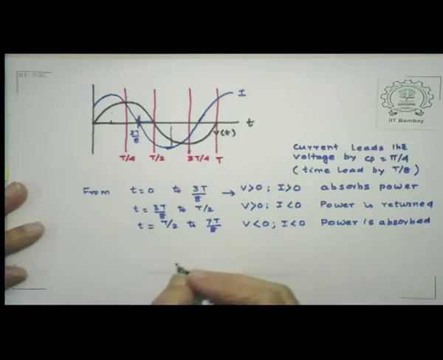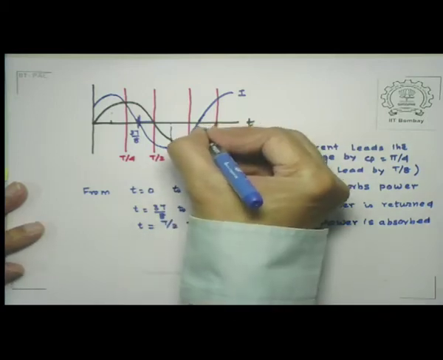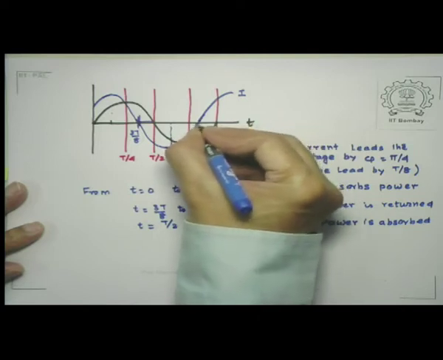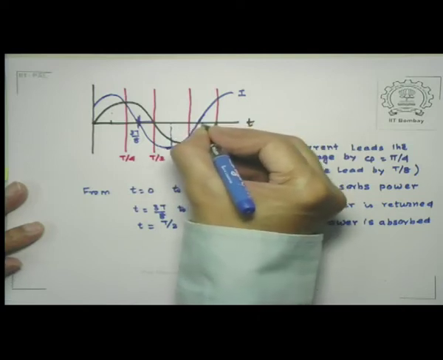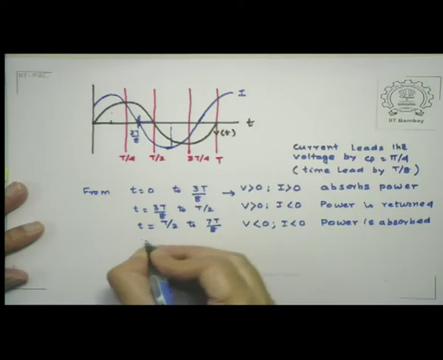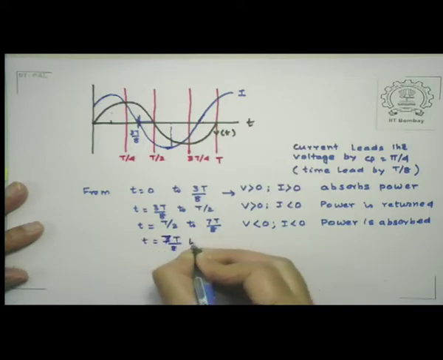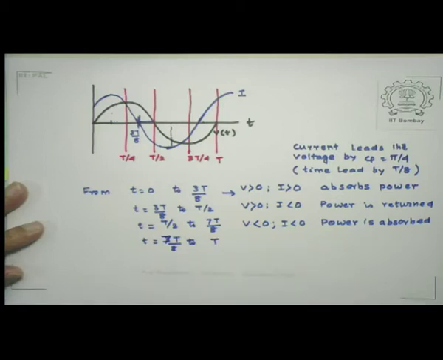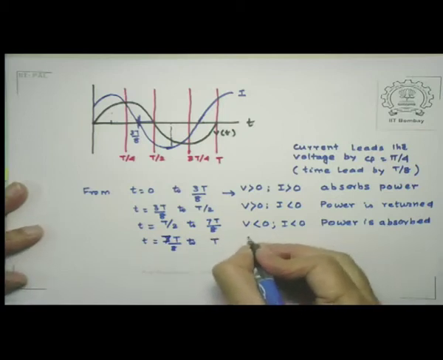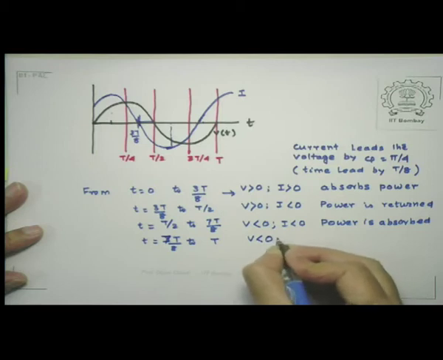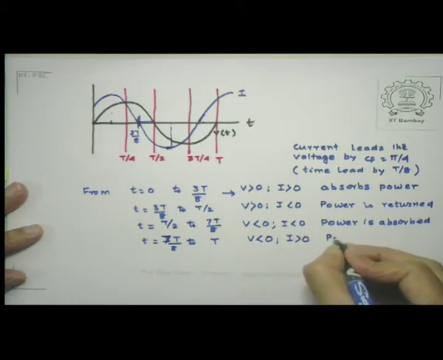And from 7T by 8, this is slightly to the left of where it should have been because of freehand drawing, from 7T by 8 to T, my voltage still is negative, but the current has now become positive. So once again, the power is returned.